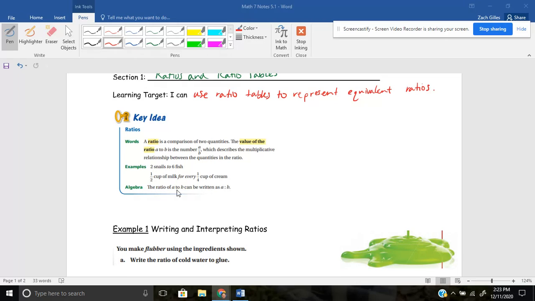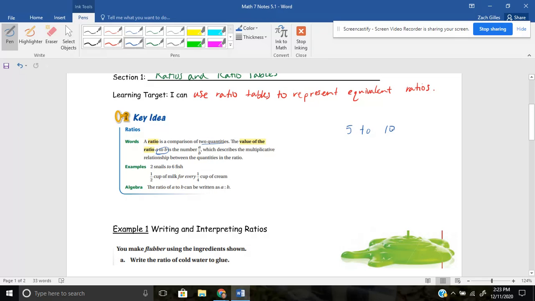And algebra says the ratio A to B can be written as A colon B. Notice that a ratio can be written 3 different ways. It can be written with the word to, so something like 5 to 10. Say for every 5 girls, there are 10 boys. That's a comparison of two quantities, girls to boys.